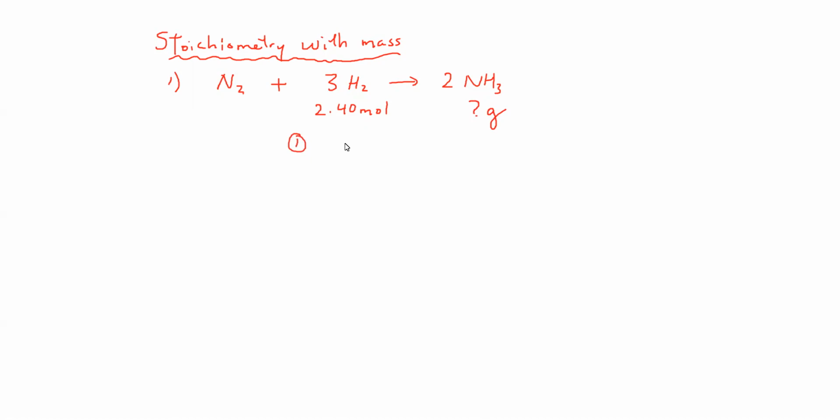Number one is the actual stoichiometry step, where you're comparing the actual ratio that you see to the actual amount you have. So what that means is I know that for every 3 moles of H2, I end up producing 2 moles of ammonia.